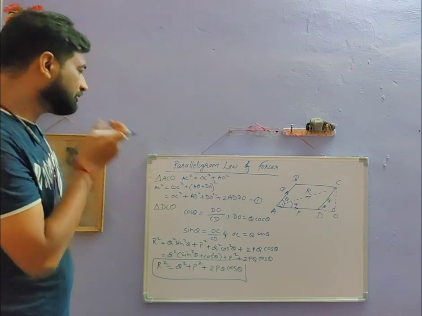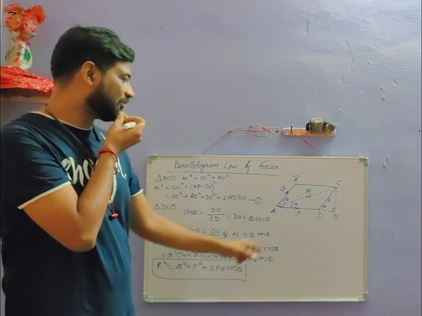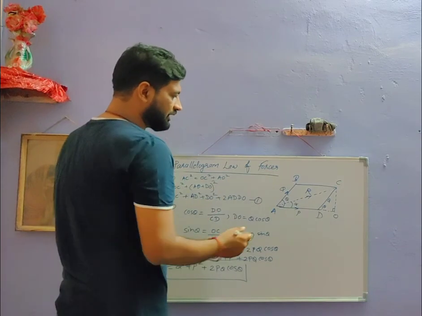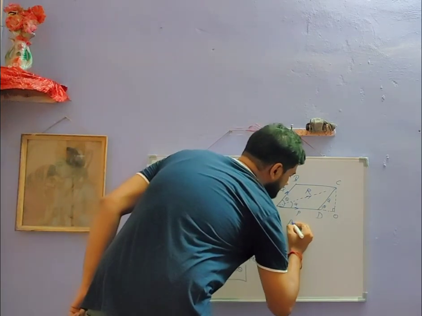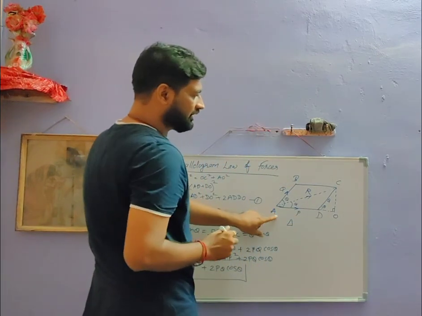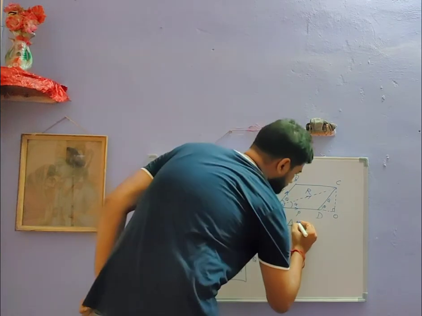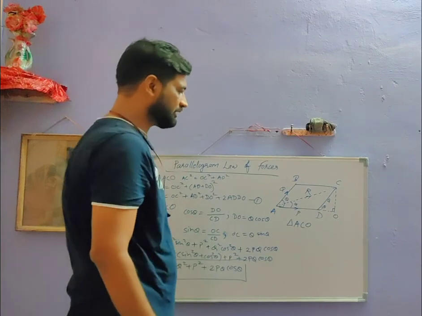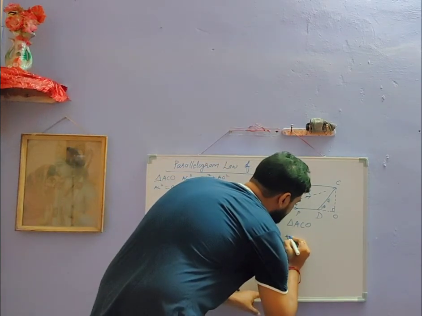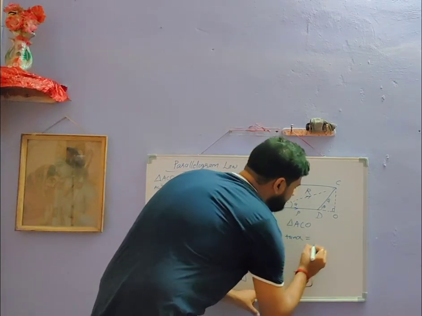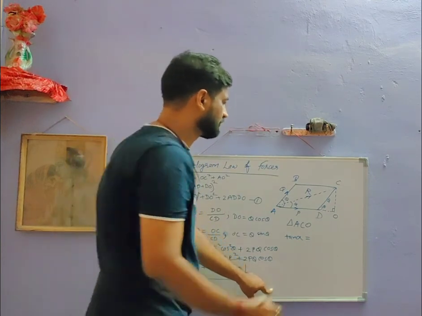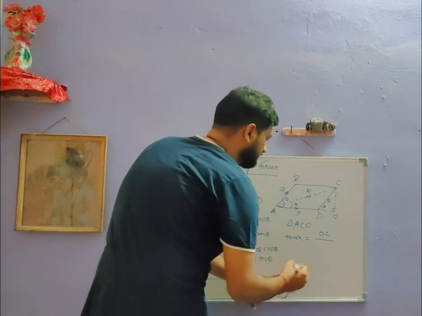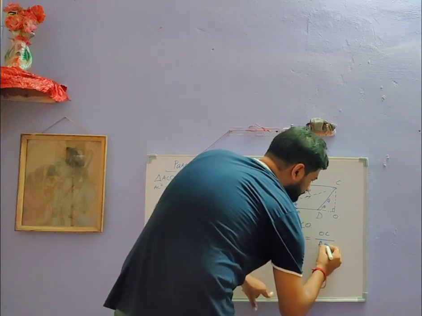Now if you want to derive its direction, angle alpha, you can consider the triangle ACO. So tan alpha is equal to OC by AO.